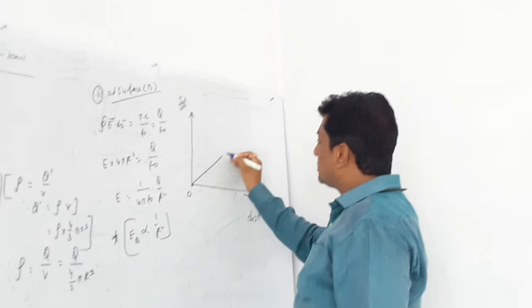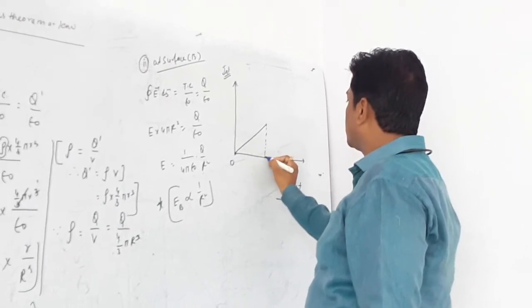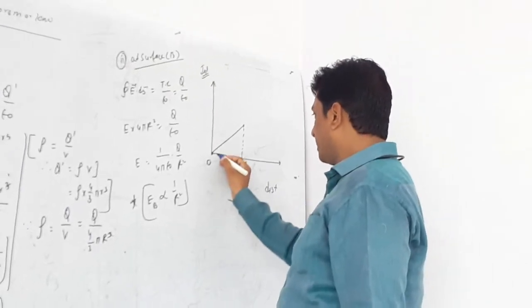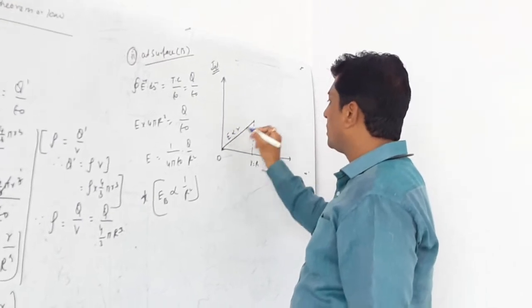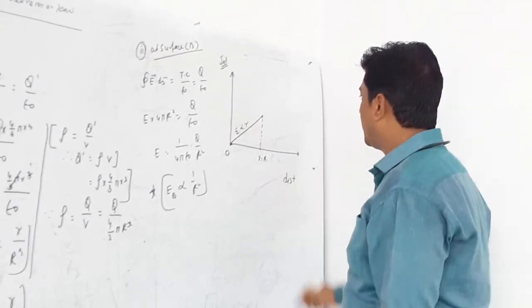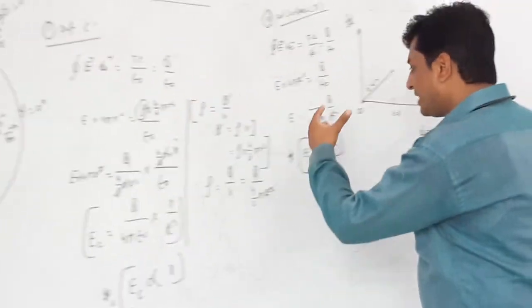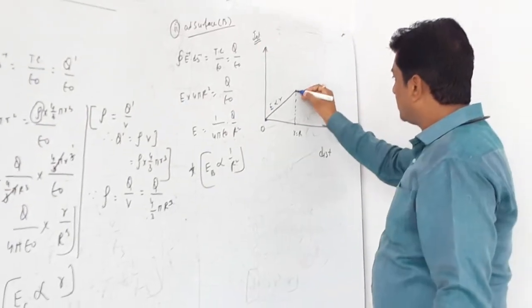Intensity will increase inside till this point, where small r equals capital R, which means intensity is proportional to small r. This is inside. After that, at the surface and then going outside, intensity decreases.